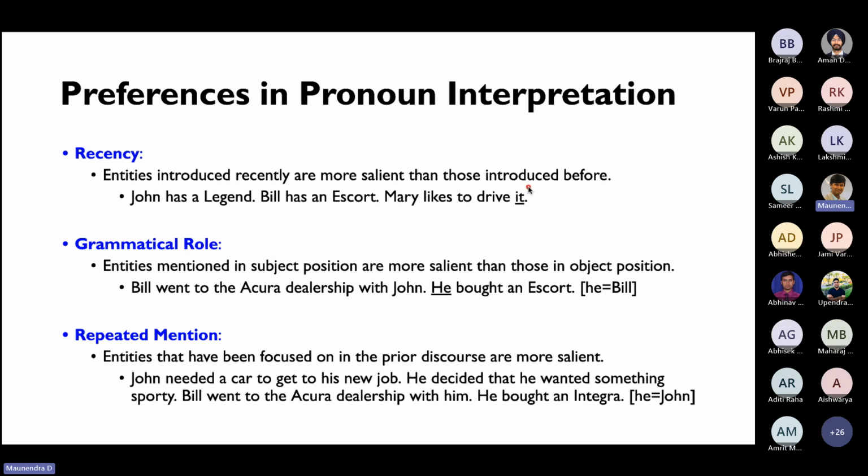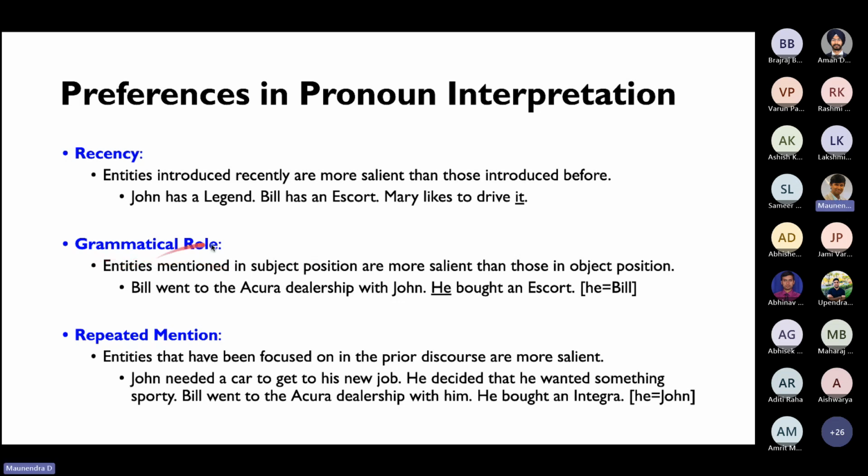Now, this pronoun is more likely to be associated with Escort than with Legend because Escort appeared more recently when it concerns the pronoun it. So recency also plays an important role in giving some clue regarding what could be a possible antecedent and what could be a negative antecedent.